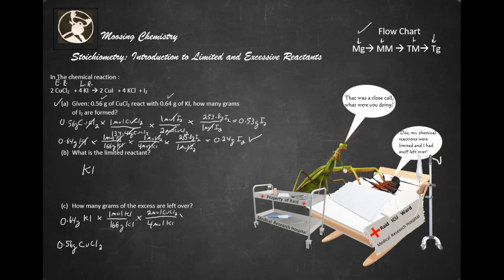And now we're going to put 1 mole of copper chloride on the bottom, because we want to change it into grams of copper chloride. The molar mass of copper chloride is 134.45 grams.